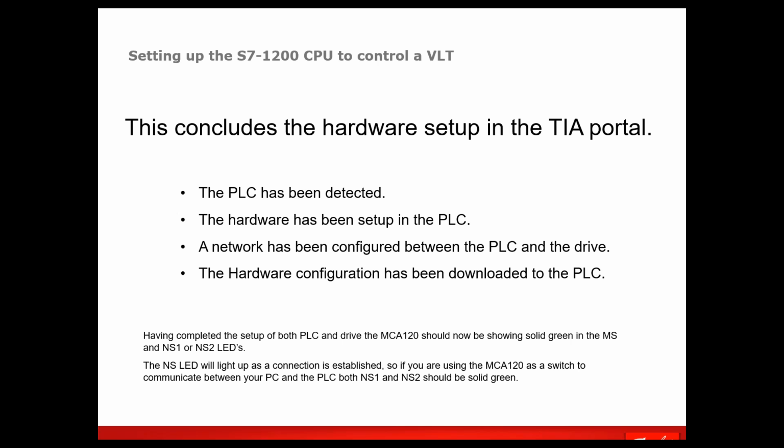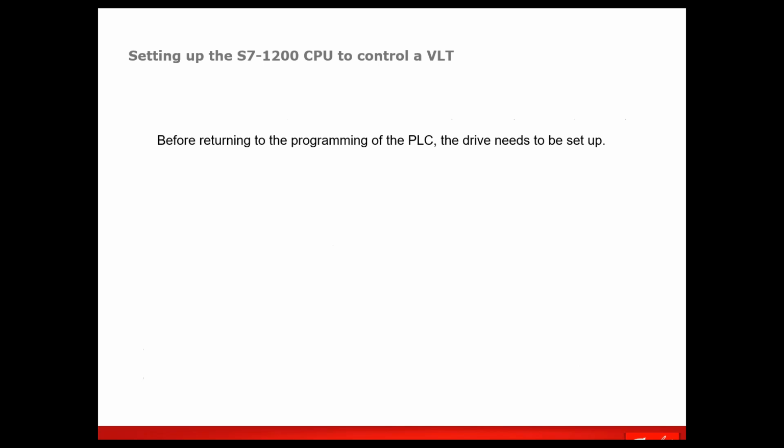It should start communicating to the drive, and you'll notice that the LEDs on the option card, the Profinet card, will go solid green. They'll be fully blinking previously, but they go solid green once there's a communication established between the PLC and the drive. So the PPO type 3 will start transmitting, and we'll see that.